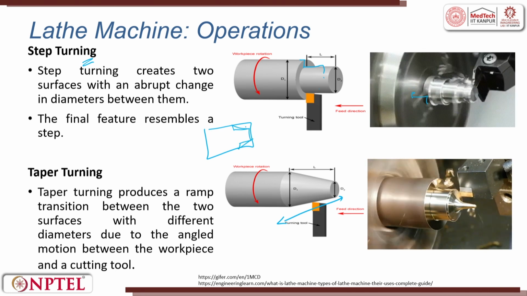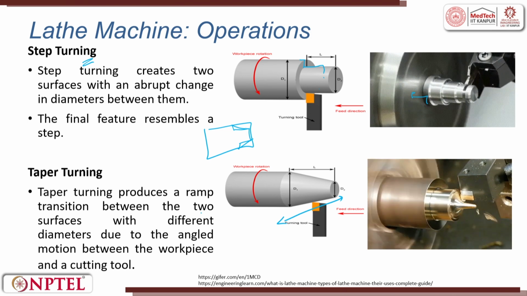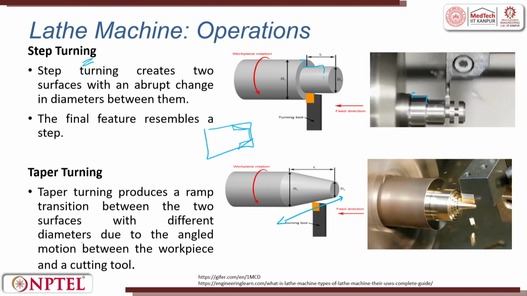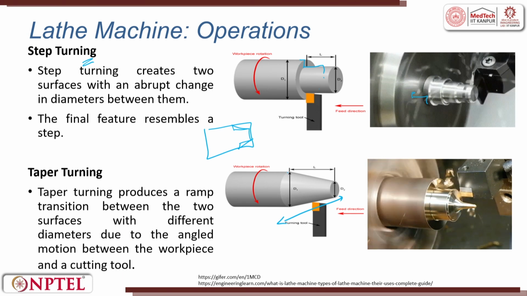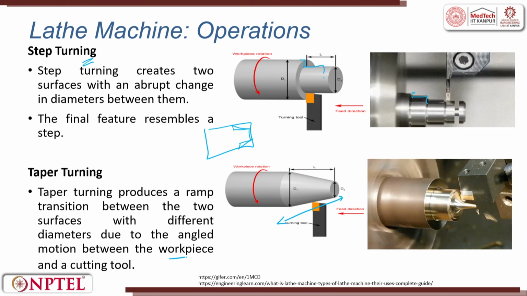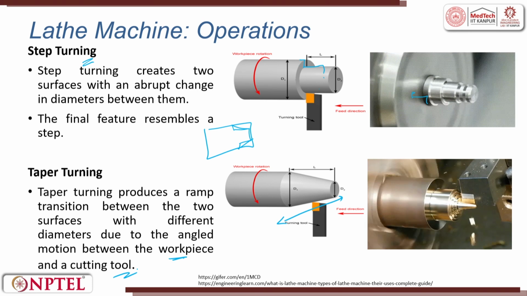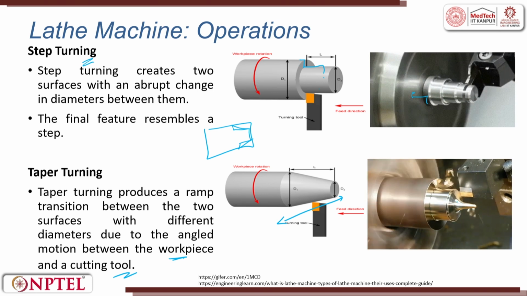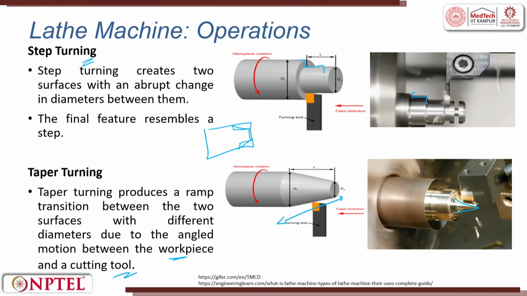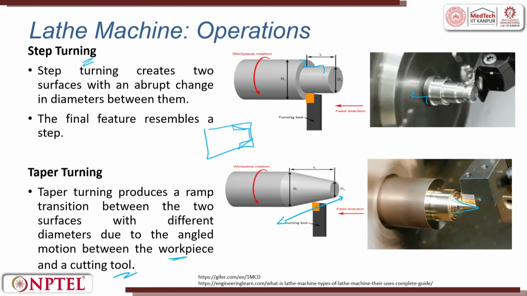The taper turning produces a ramp transition between two surfaces with different diameters due to the angled motion between the workpiece and the cutting tool. So this is taper turning. You can have forward taper turning and reverse taper turning.